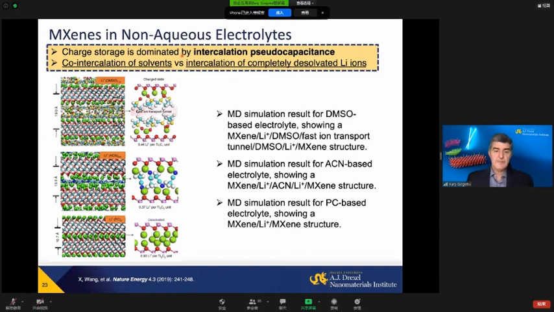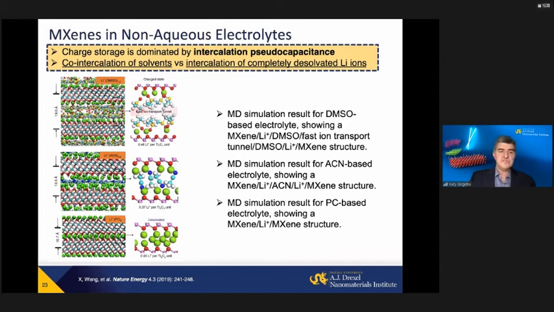What we found is that in the case of DMSO and acetonitrile, lithium ions go between the layers with solvent. DMSO at least has them both adsorbed on the surface and mixed inside, so there is fast transport. In the case of acetonitrile, lithium ions go to the surface of MXene, but solvent molecules separate layers, hurting electronic transport, taking space, and also leading to expansion and contraction of the electrode.